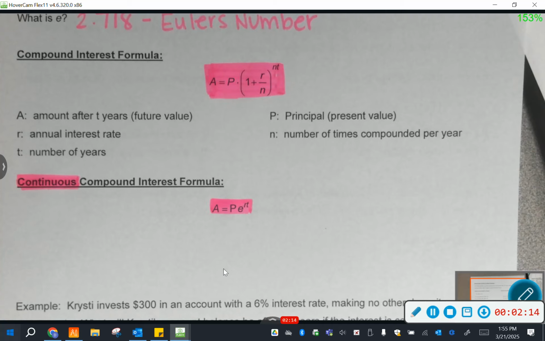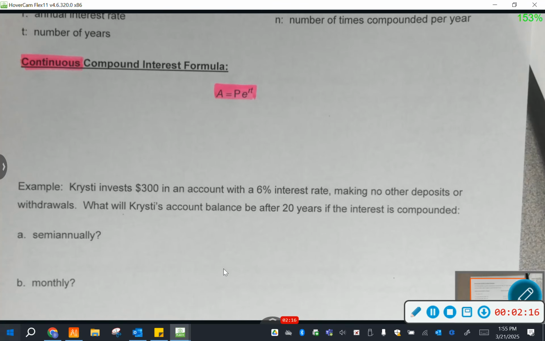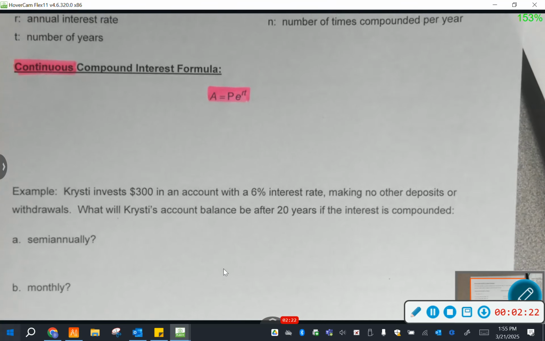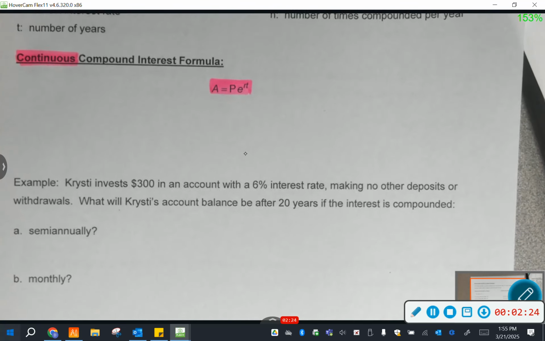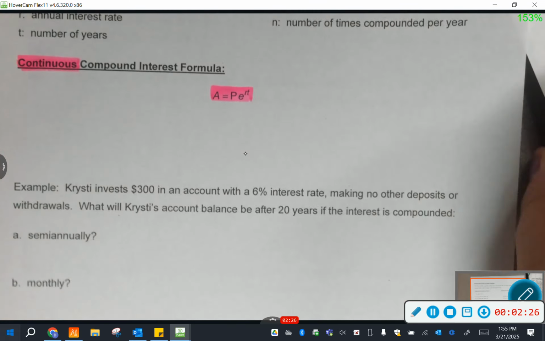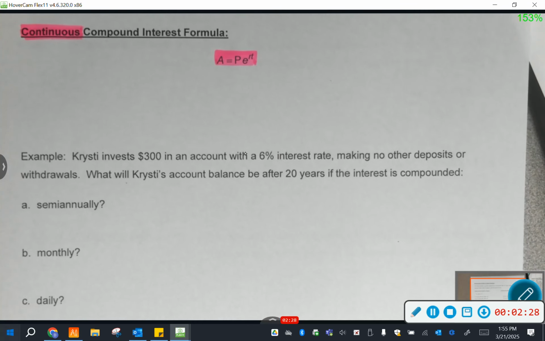So, how do we use this? Well, if Christy invests $300 into an account with a 6% interest rate, making no other deposits or withdrawals, what will Christy's account be after 20 years if the interest is compounded semi-annually? So what do I know based on this word problem I've been given?